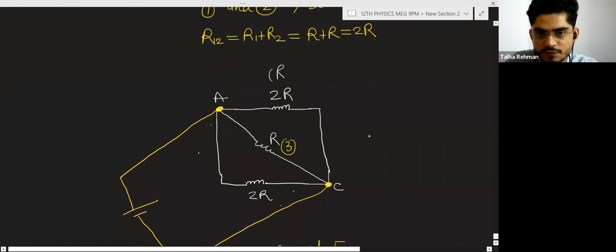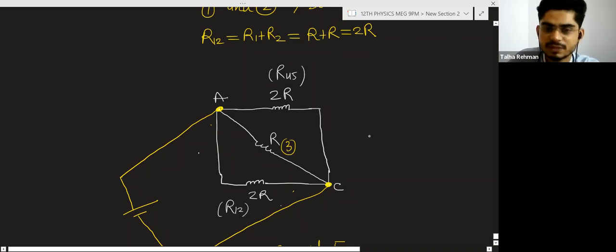This was R45 and this was R12. And this is R, meaning R3 you can say. This is R3. So Hamza, see this 2R, this R and this 2R.